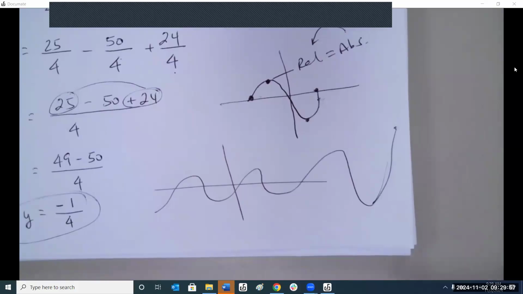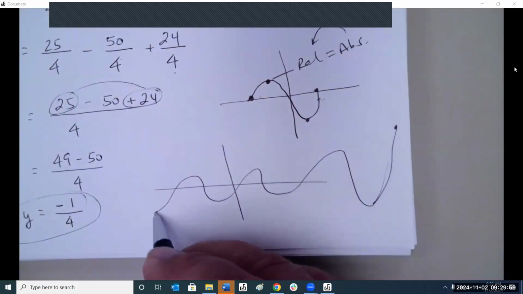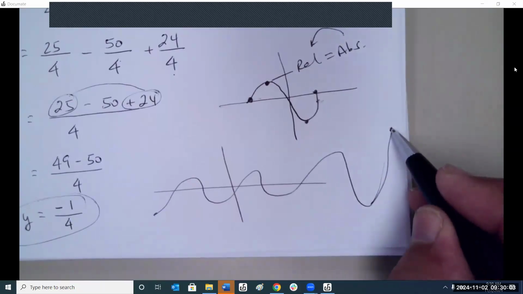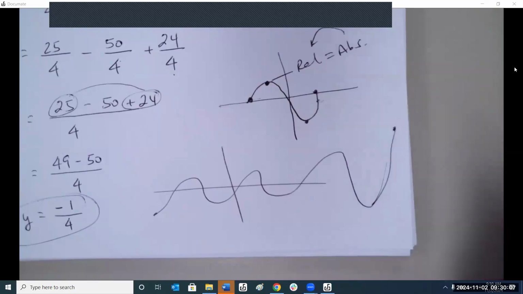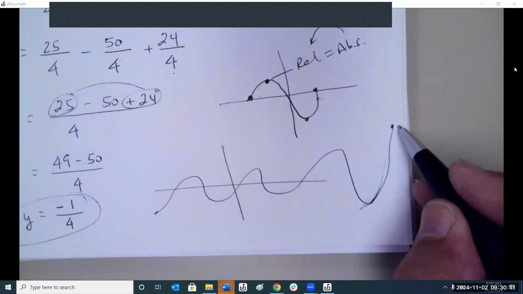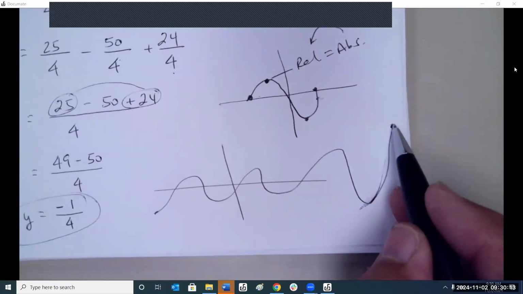Like this example. Is this a relative maxima? Yes, because it's only this part. Is it absolute? Is there any point higher than this?